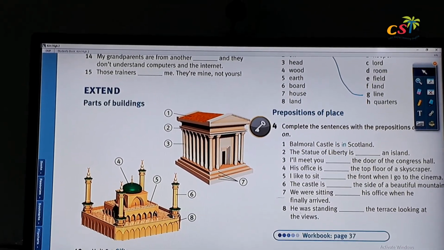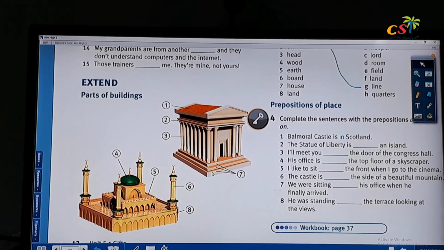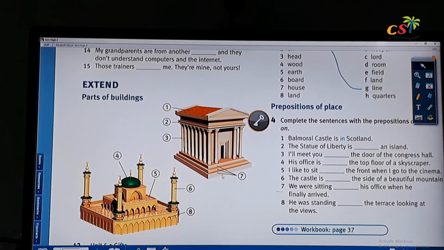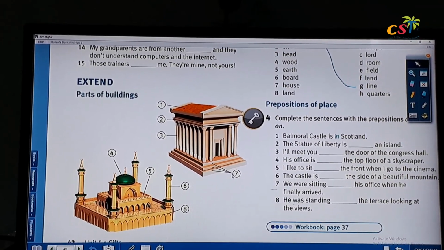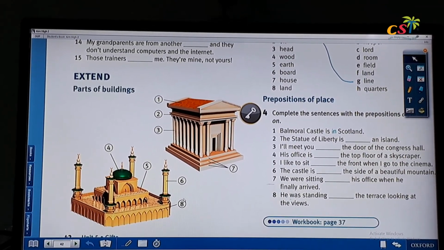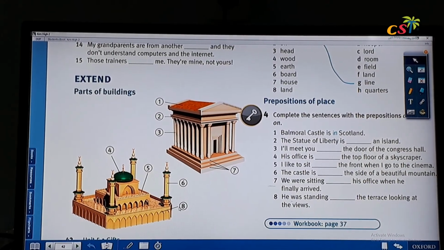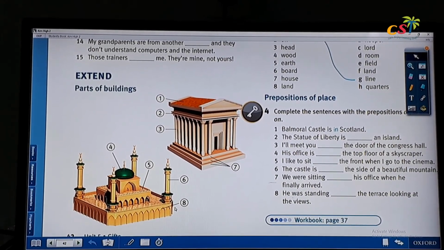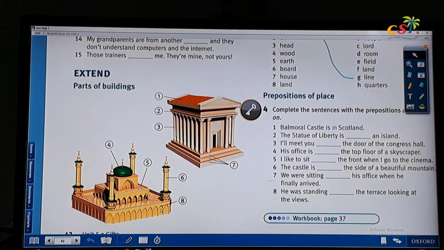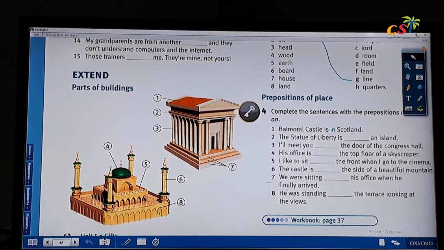Good job. Number 7, this one, we call it steps. Yes, number 7, steps. Good job. Number 8, this one is arch. A-R-C-H, arch. Or in Bahasa we call it ukiran.